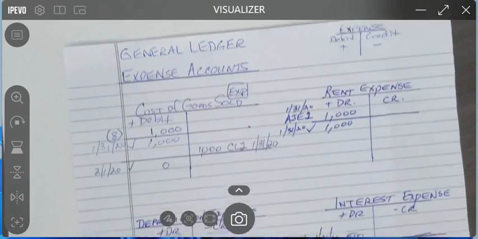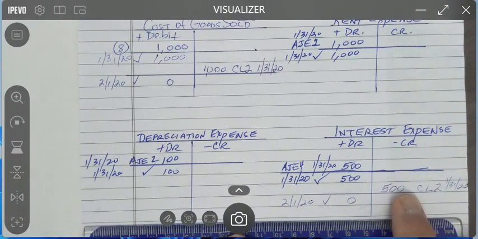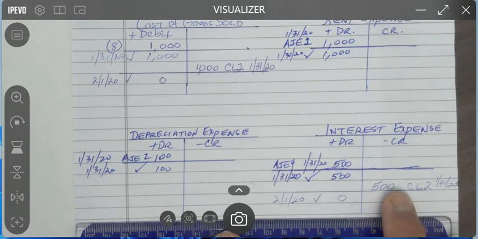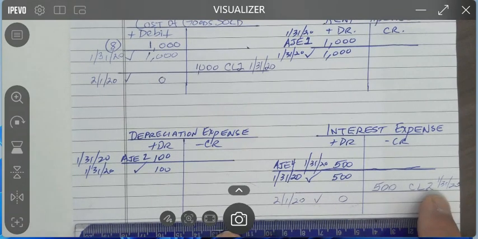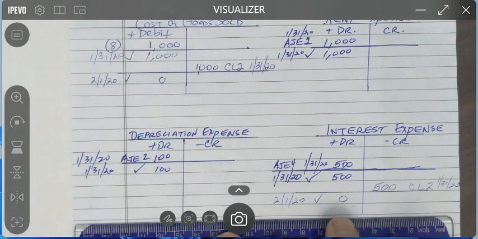And so once I have posted that $500 credit in the closing entry to the interest expense account, it returned the balance at the beginning of February to 0, and we will once again incur $500 next period.